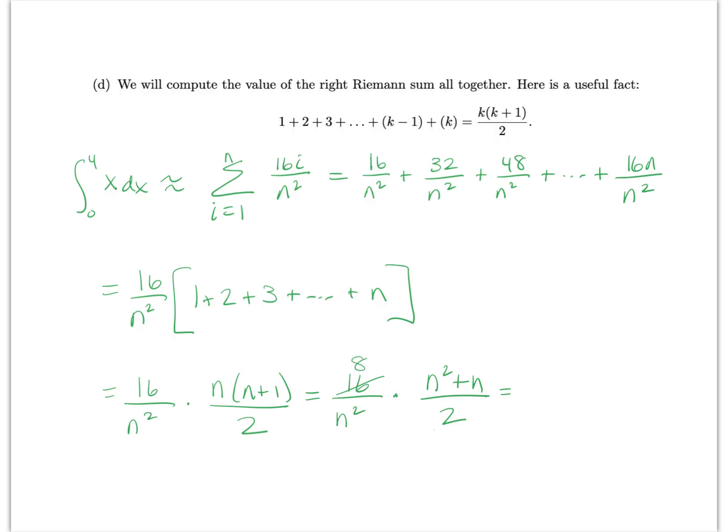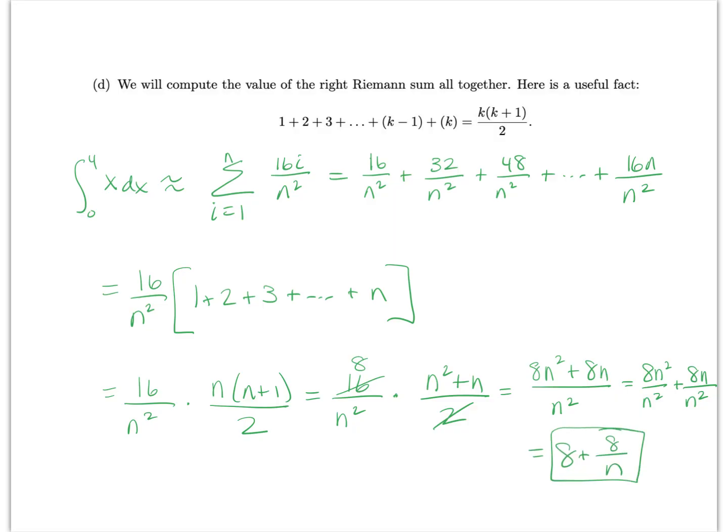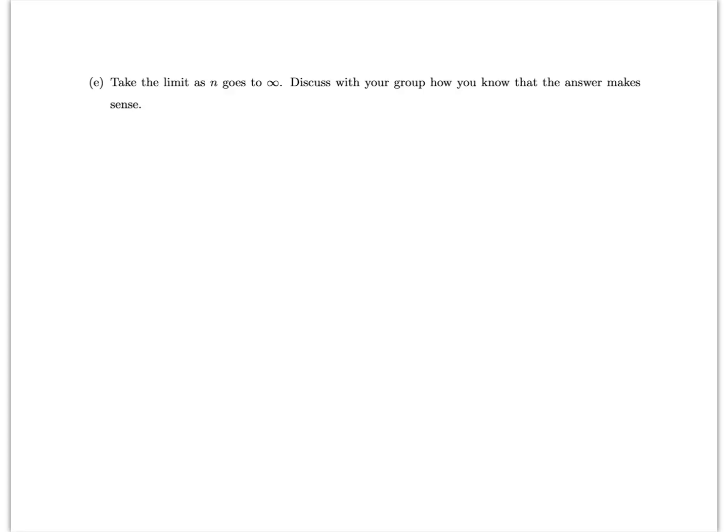That's going to reduce. And then I have 8n squared plus 8n over n squared. And then that can be broken up into two fractions, 8n squared over n squared plus 8n over n squared. And that simplifies to 8 plus 8 over n. Finally, I'm going to take a limit as n goes to infinity.